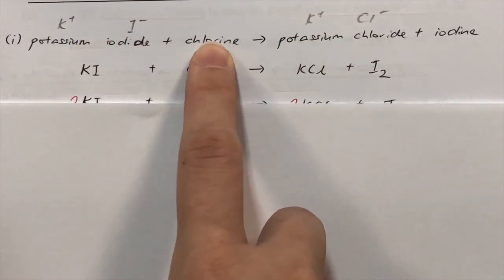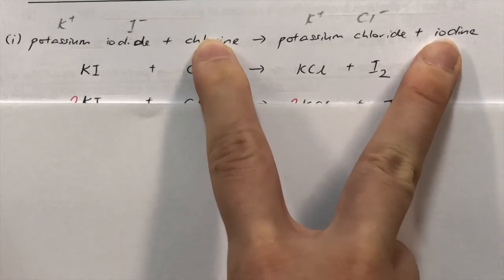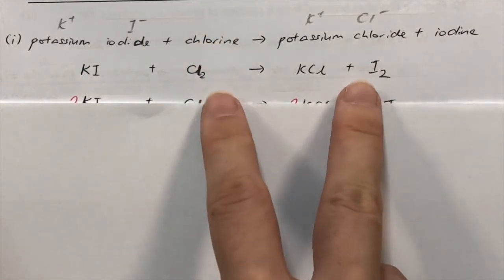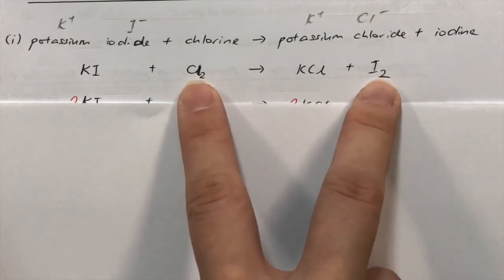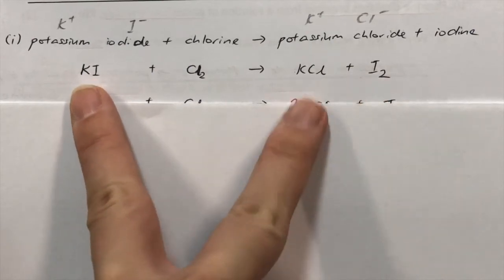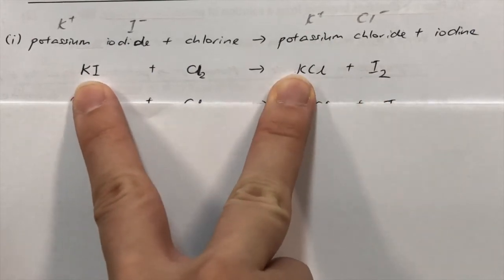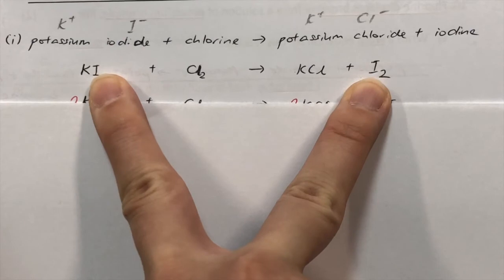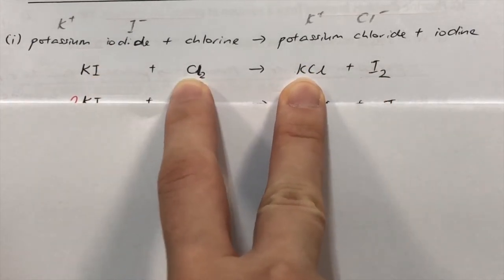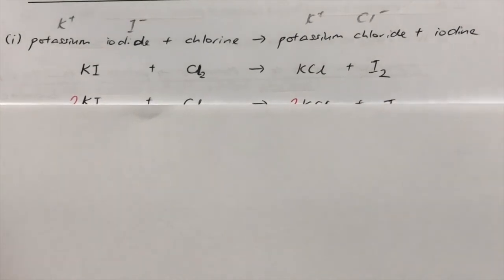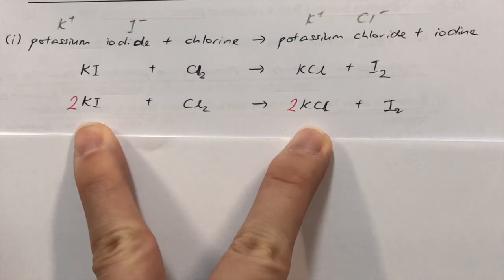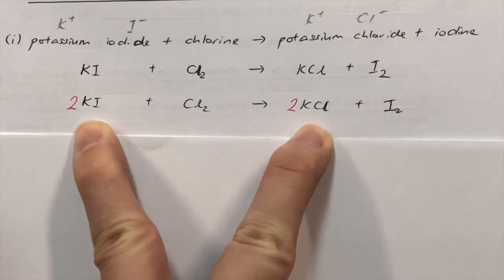Then how about chlorine? Chlorine and iodine both are group 7 elements. So as elements, they will be diatomic. So you see the Cl2 and the I2. Okay, after that we have to balance the equation. So if you count how many K, how many I, as well as how many Cl, you realize that you will need to add 2 in front of both compounds to balance the equation.